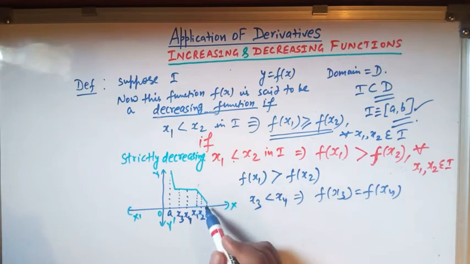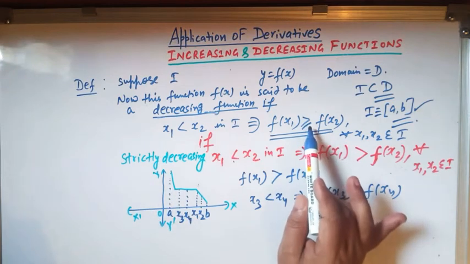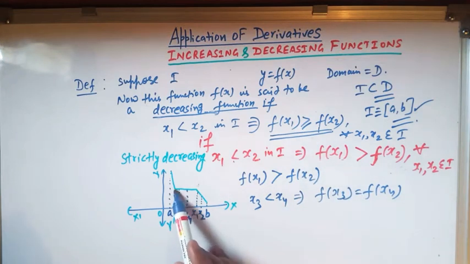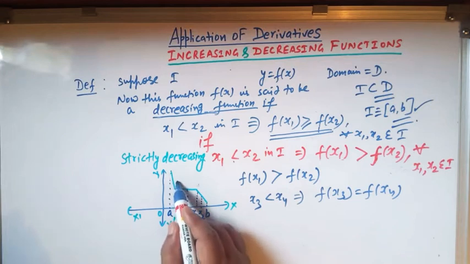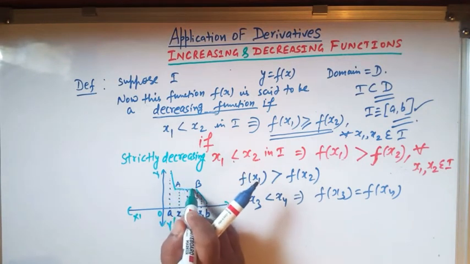So this is a decreasing function, and to incorporate this equality sign, if we take 2 points x3 and x4 in this part of the function, because this is a straight line here, the function is said to be a constant function here.